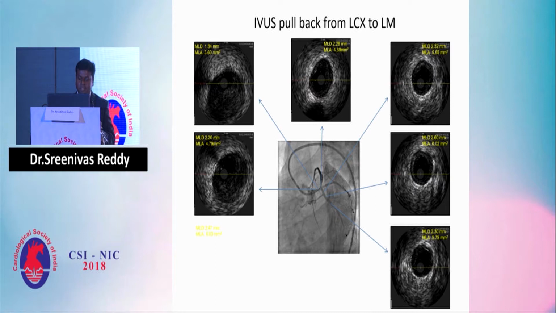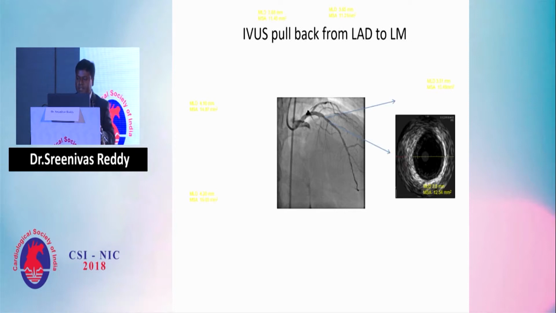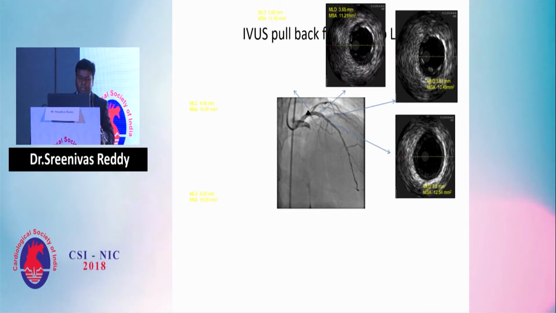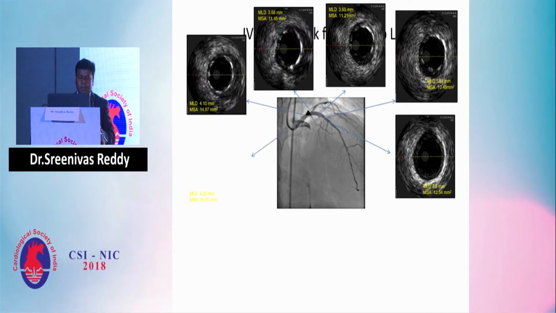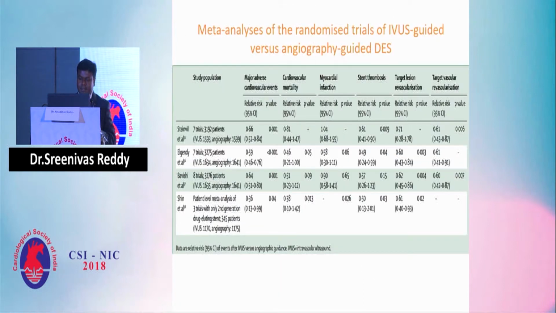So in this angiogram, you have disease extending mainly from the left main to LAD, and mild disease from the ramus and the LCX. So we can plan a provisional strategy, with a single stent from left main to LAD, and these are the IVUS findings from LAD to LM. After 1 year angiogram, there was a good result.